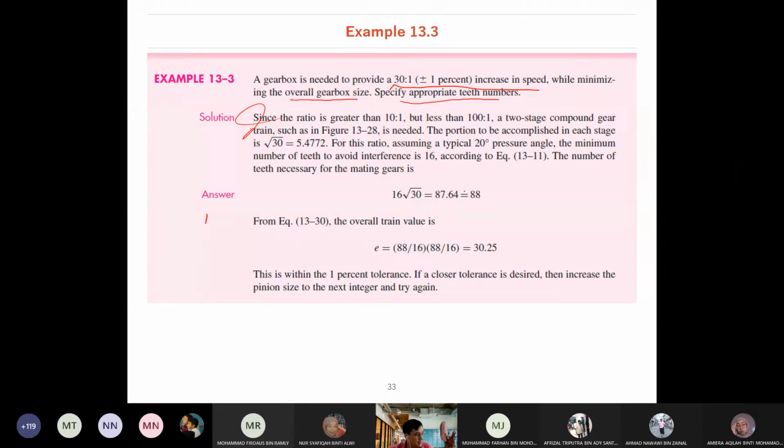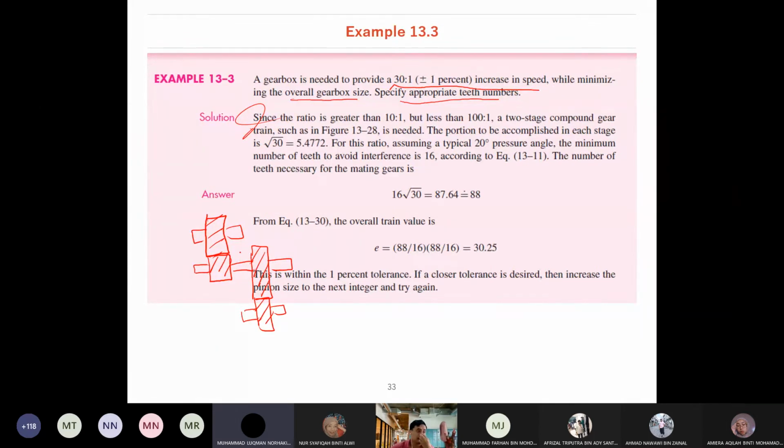Okay, this is the another gear. Tak kisahlah. This is the gear. So this is the shaft. Okay. This is the shaft. Saya lukis balik. Hopefully you can. This is the gear, the shaft and the gear. Okay, this is a two-stage compound gear.